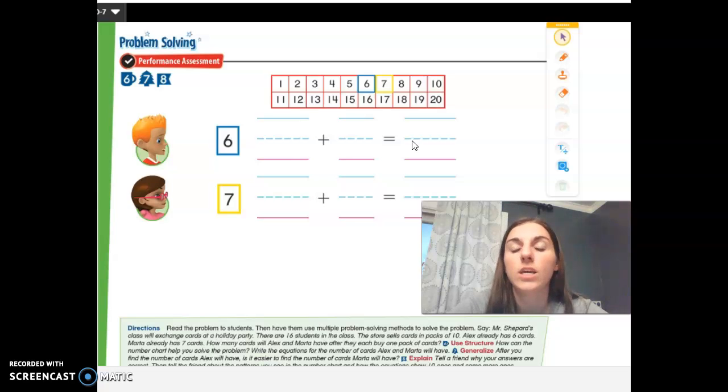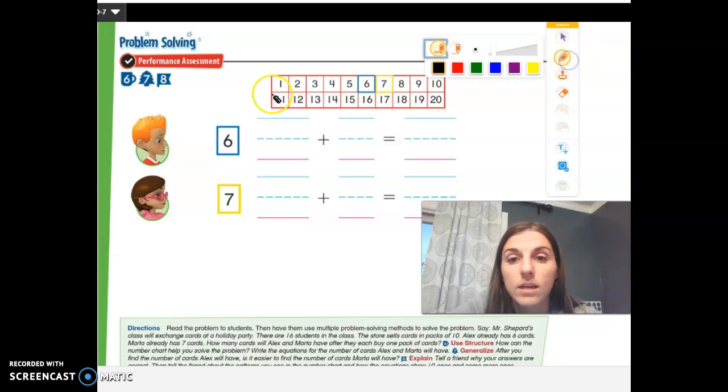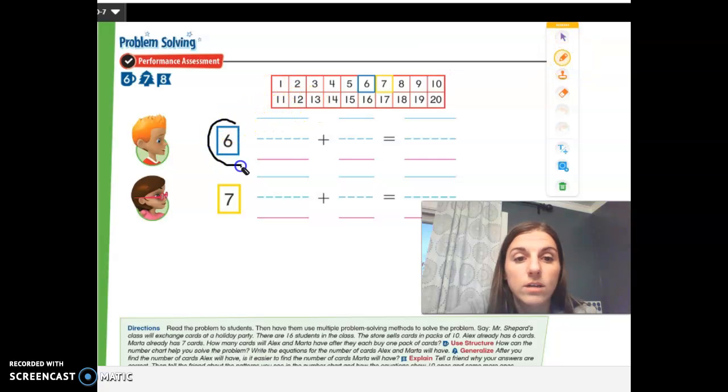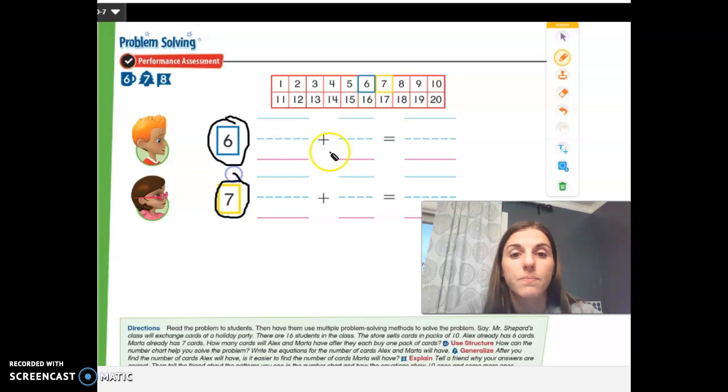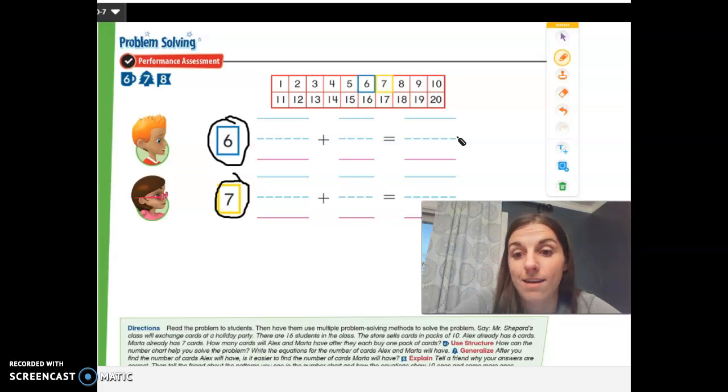So this is easy. I think you can get this. So if he already has 6 cards and Marta already has 7 cards, these are your numbers right here. What would his total of cards be if he bought 1 other pack of cards from the store? And again, the store only sells them in packs of 10.